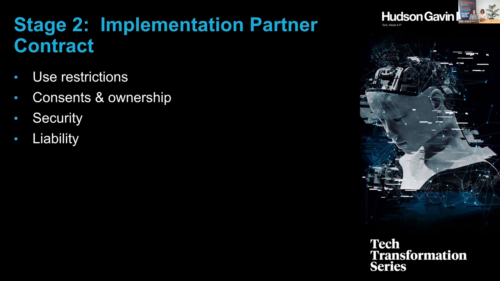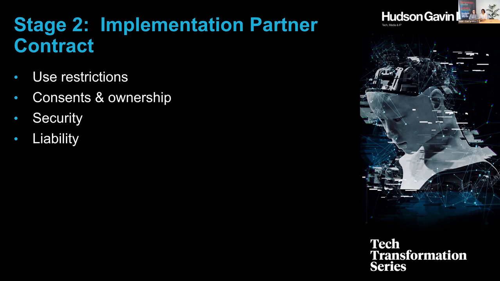And so as a customer, ideally you'd be looking to have no exclusions or limits of the implementation partner's liability in relation to breaches of confidentiality or failure to comply with their security obligations. But as we all know, we do not live in an ideal world.